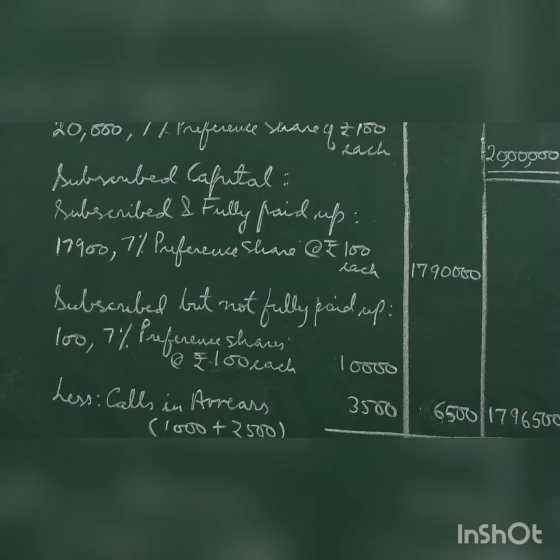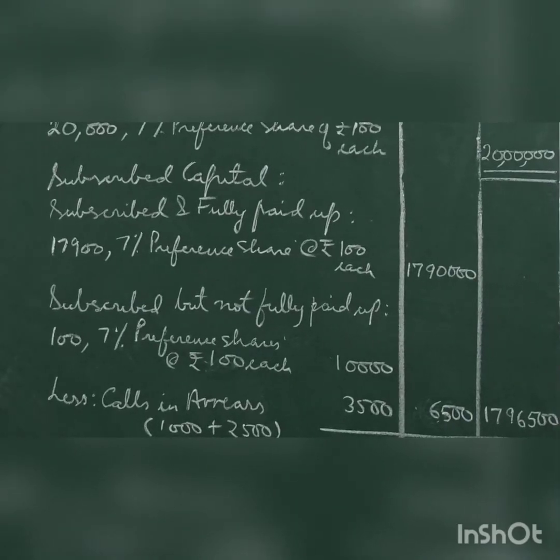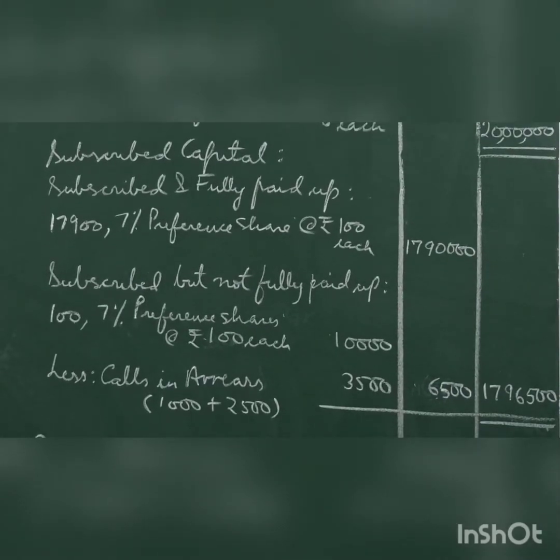Subscribed but not fully paid up, you have to find out of 100, which was face value 100, gives you 10,000. You were supposed to receive 10,000, but one shareholder failed to pay the final money on 100 shares on first call and final call, that is 1,000 and 2,500.